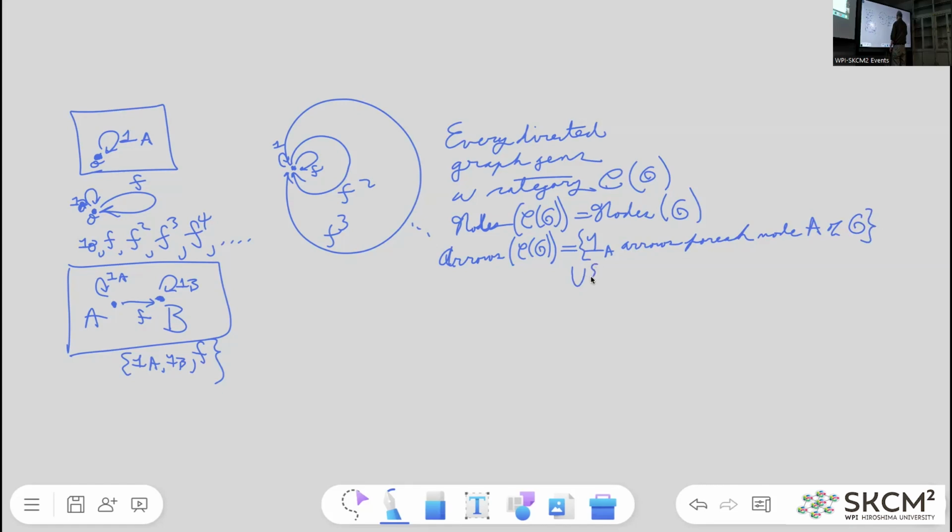Union all directed paths on the graph. So you might have a graph like this.